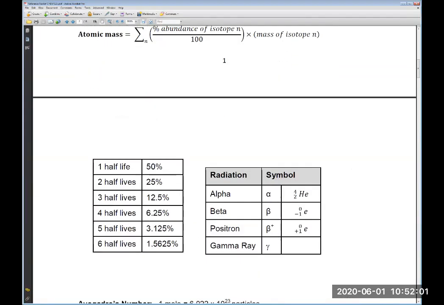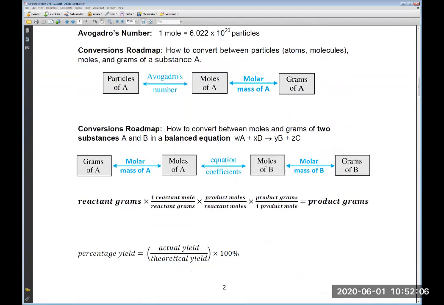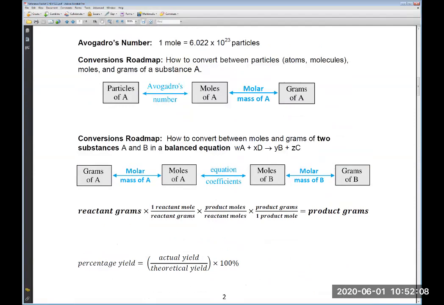If you look at the bottom of page 2 of the reference, we have grams. So let's look at the first conversion map here, the one that says how to convert between particles, moles and grams of a substance A, and that's what we have here. Substance A is Na2CO3, and we have grams of it, 10 grams, and we are asking for moles.